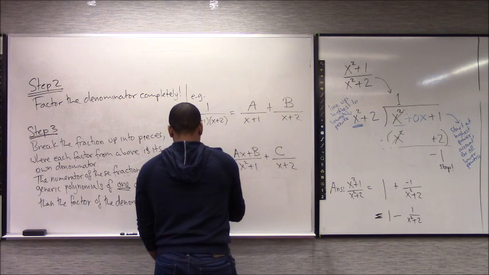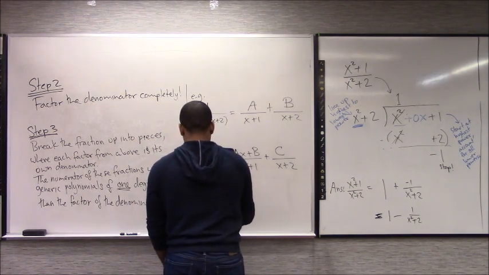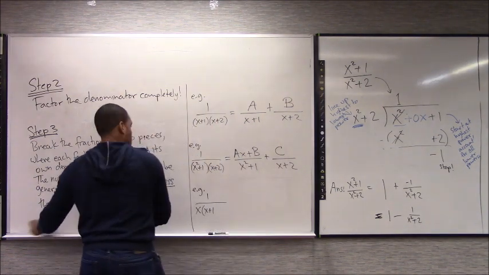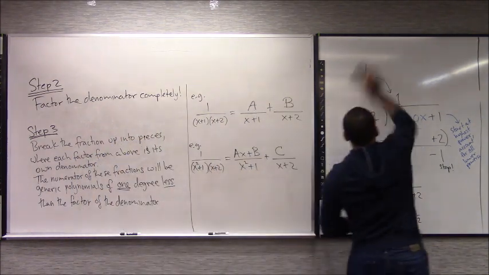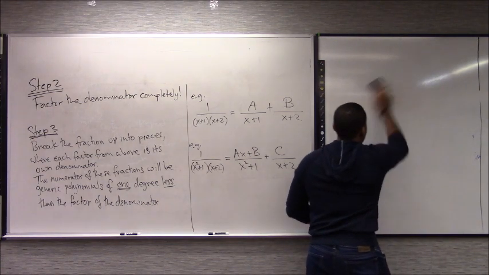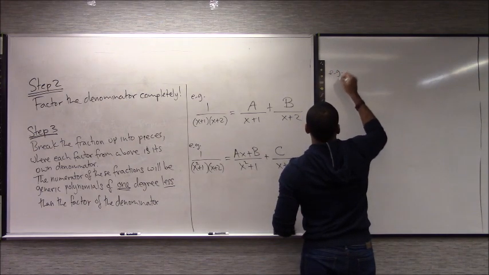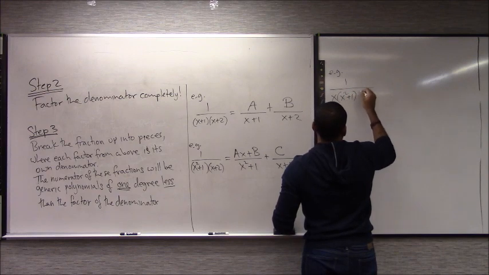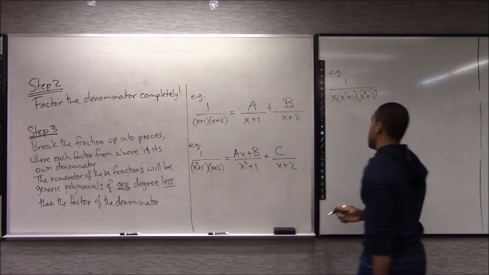If I did an example, 1 over... I think you're getting the point, but let me just show you what it would look like for something bigger. You can break it up however many times you need to. So let's say it was x, and then there was an x squared plus 1, and then there was an x cubed plus 7, which is not going to factor very nicely, right?